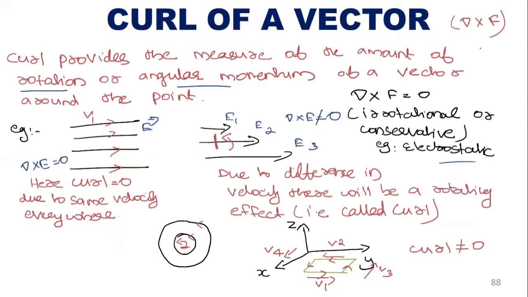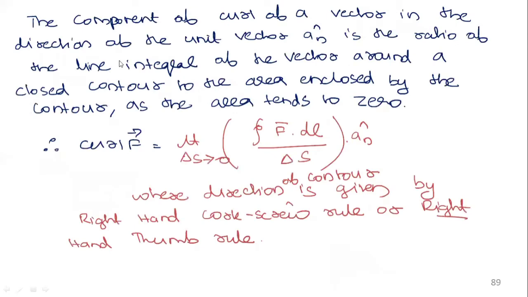So let it be a vector F, and if it has a different velocity, then we will get a rotation field, and that is one case. If it is already rotating, it means its curl is not equal to 0. So same velocity means the curl will not be 0. And del cross F equal to 0 means we say it is irrotational or conservative. We will see that in the next module. This is the application of curl.